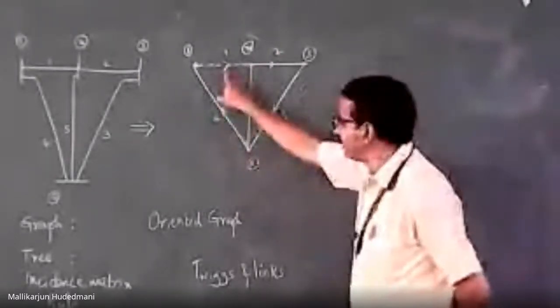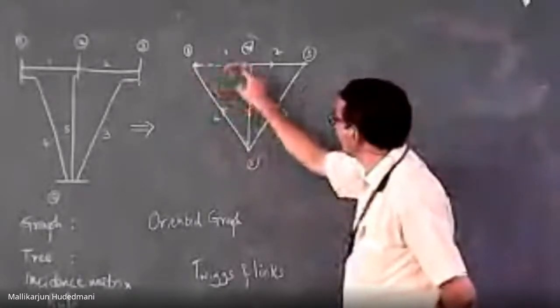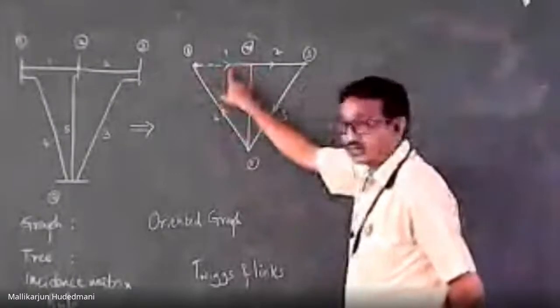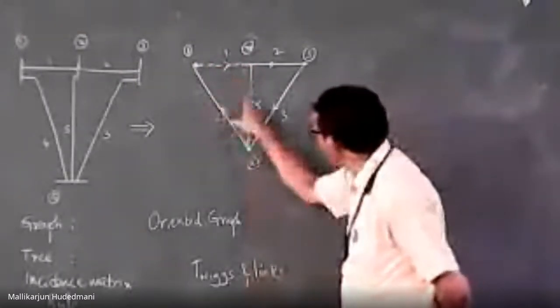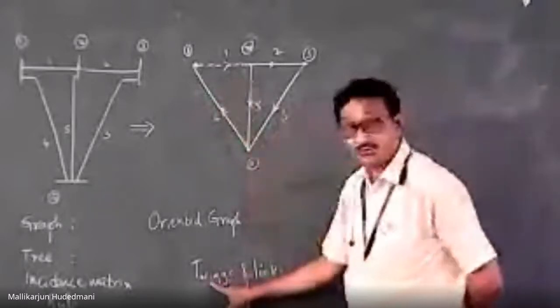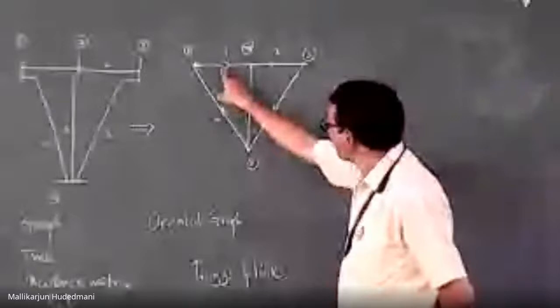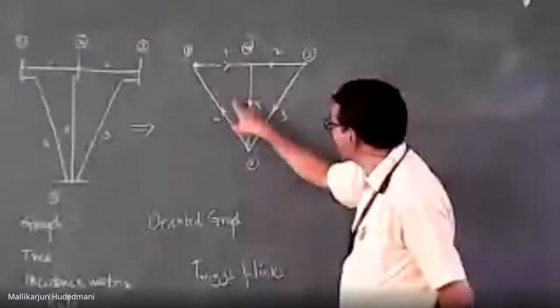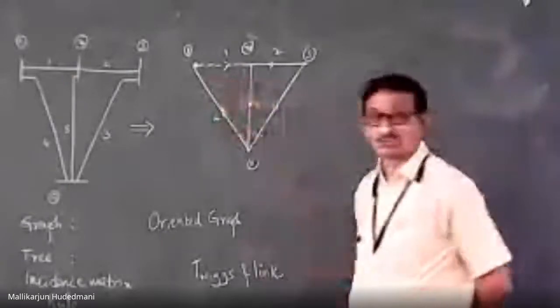I eliminated element number 1 between 1 and 2 by dotted line. Solid line, dotted line. I call this dotted line as links. Solid lines, I call them as twigs or branches. So when a solid line gets represented as a dotted line, there is a break of path. Hence, this is no more a closed path.